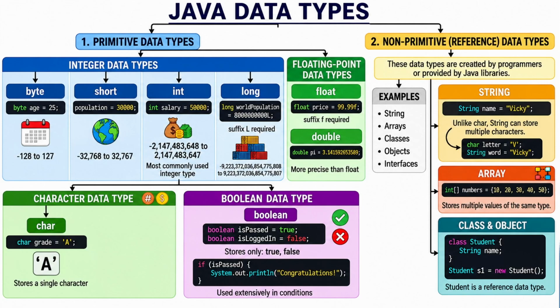Unlike char, string can store multiple characters, and we use double quotes for string. Array stores multiple values of the same type, type in the sense data type. As we can see in the example, int array numbers 10, 20, 30, 40, 50. So all the values belong to type int, that is integer.